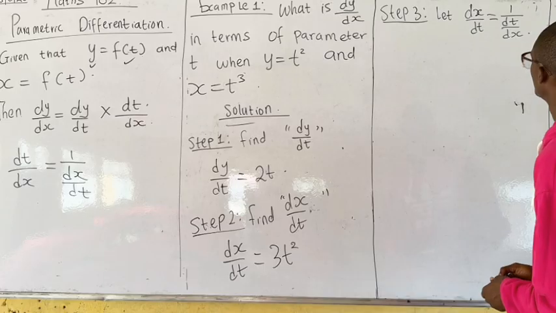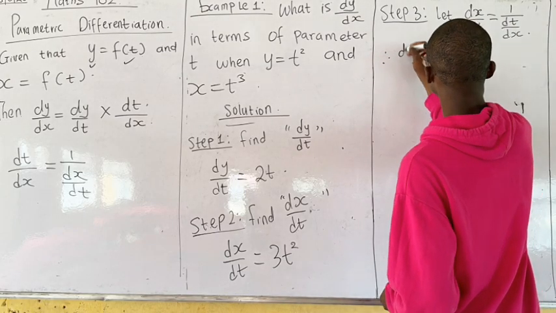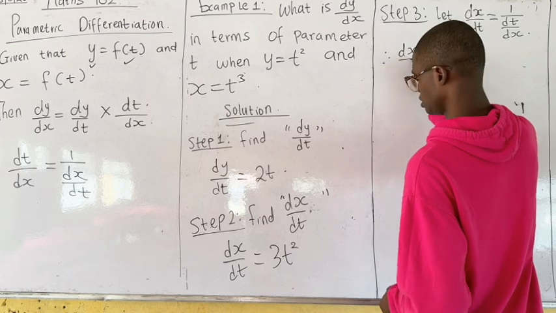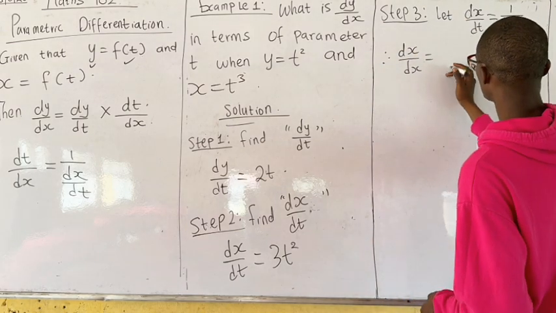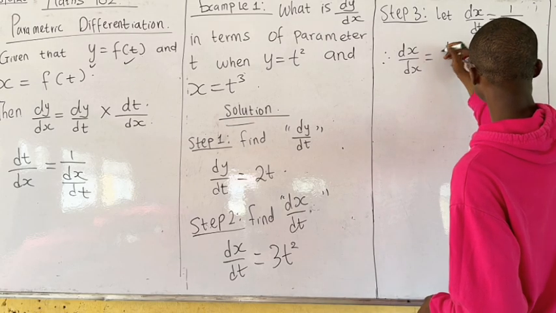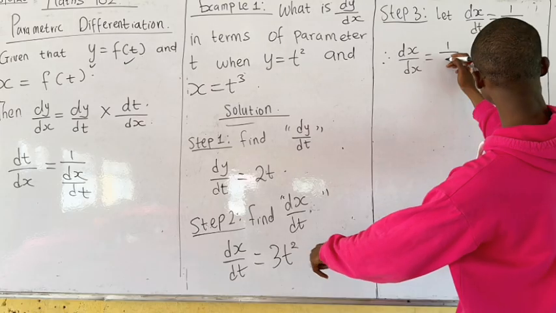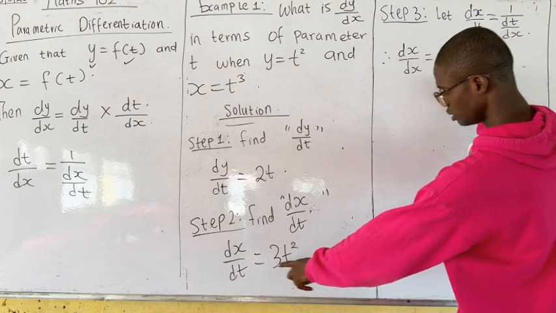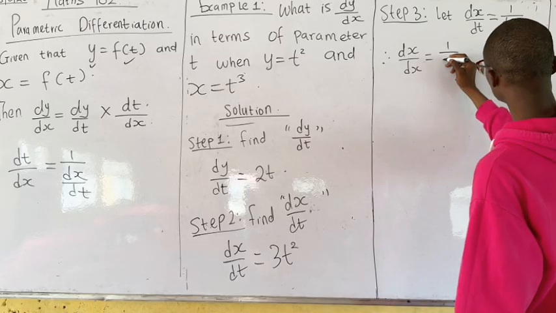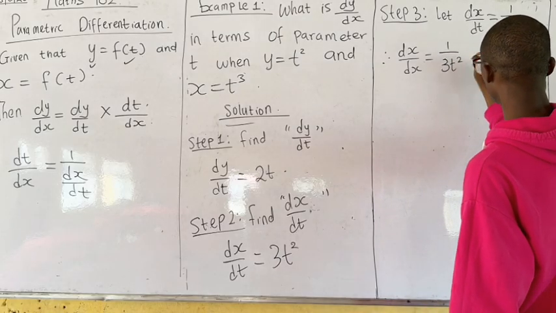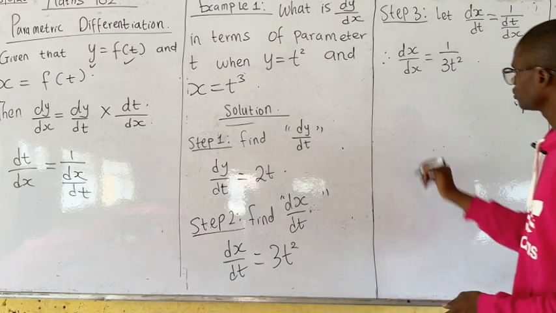Hope you know that. So dt/dx, with dx/dt gotten as this, is now equal to 1 over 3t squared.